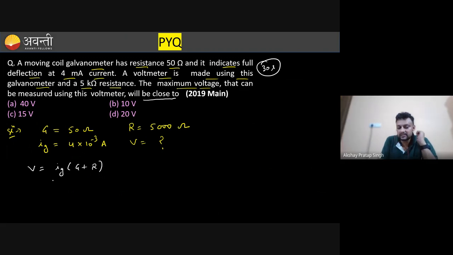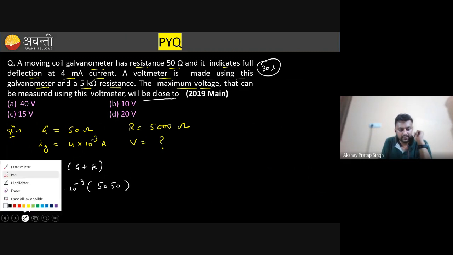Ig is given as 4 into 10 raised to the power minus 3. G plus R: G is 50, R is 5000. If you add these terms, it will become 5050. Is equal to V.